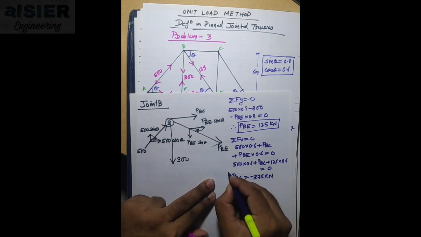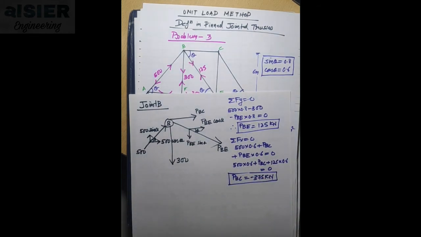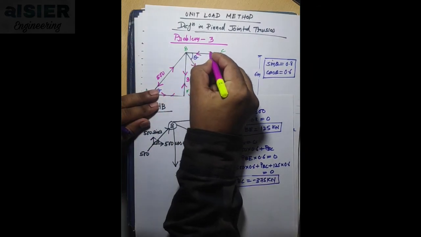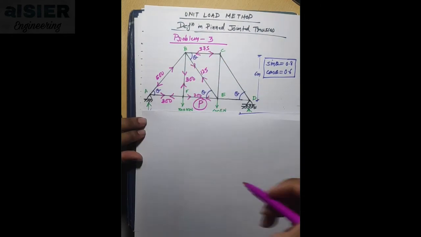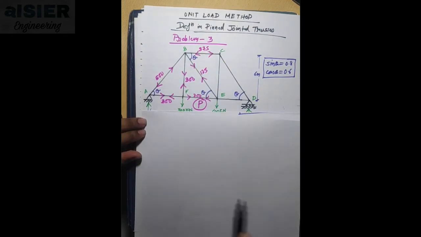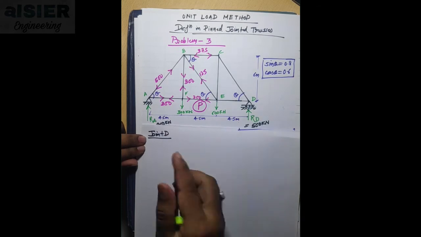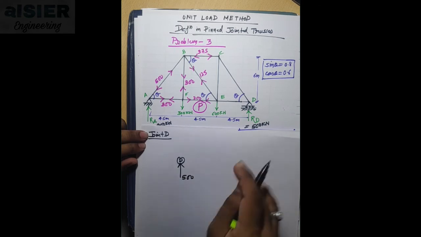What does the minus sign indicate? It indicates that our assumption was wrong. We have considered it as away from joint, but it is actually towards joint, and this is 375. So let us write down joint D now. So this is joint D. This is known to us, which is 500, right?